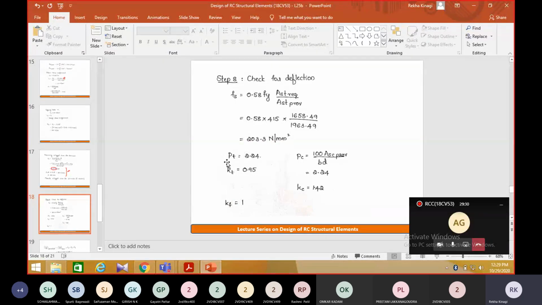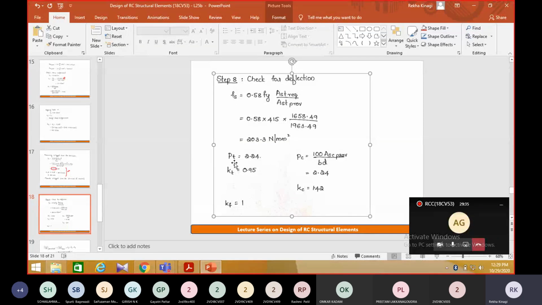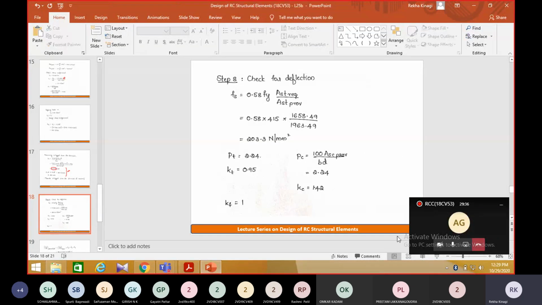And PT value is already calculated while calculating the value of tau c. So PT value turns out to be 2.24. Comparing Fs and PT value, we get the value of KT. PT value is 2.24, so it lies somewhere here in this zone.